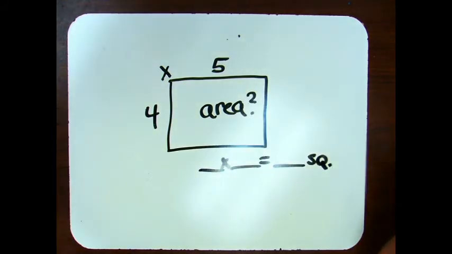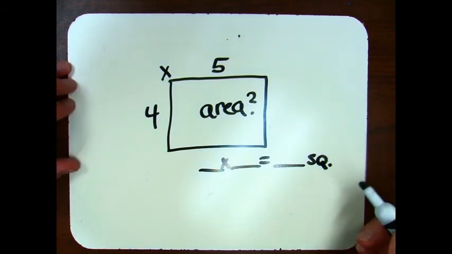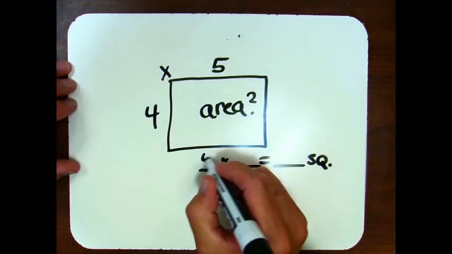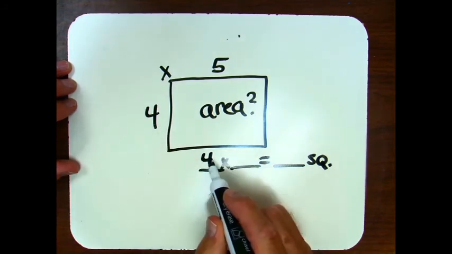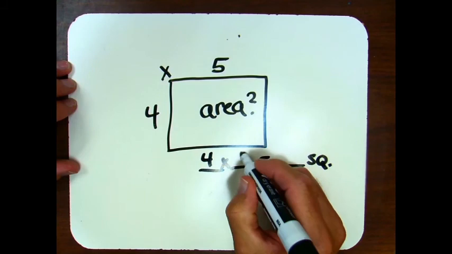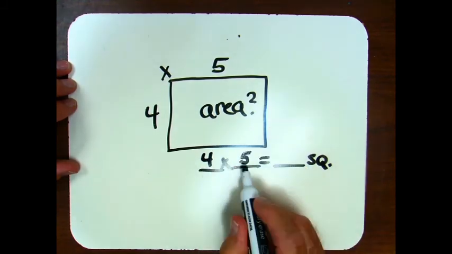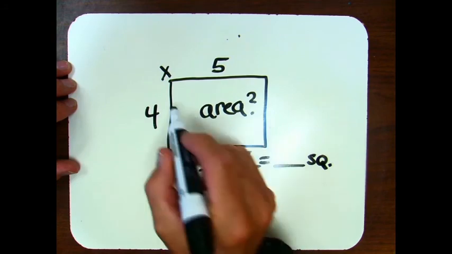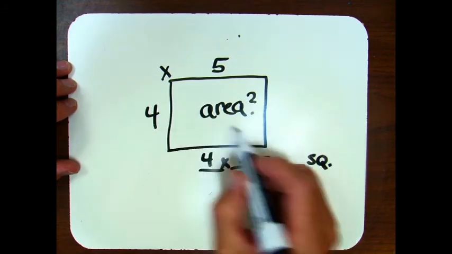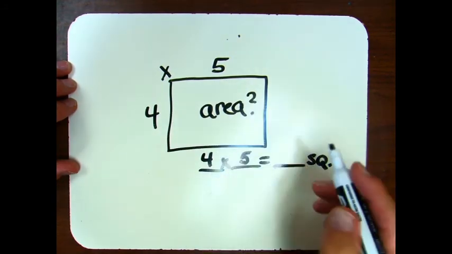Pause the video and work that out a little bit. I'm going to put as one of my factors 4 rows, and my other factor is going to be 5. Then I can multiply these. I don't even need to count the squares in the center anymore. I don't have to make my rows going this way and my columns going this way.